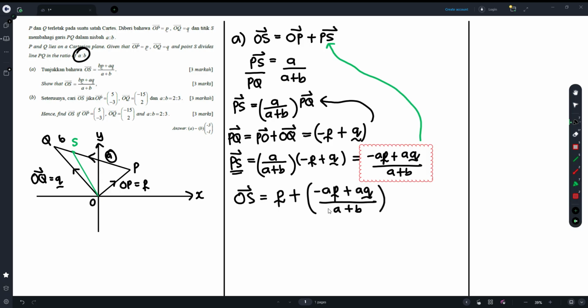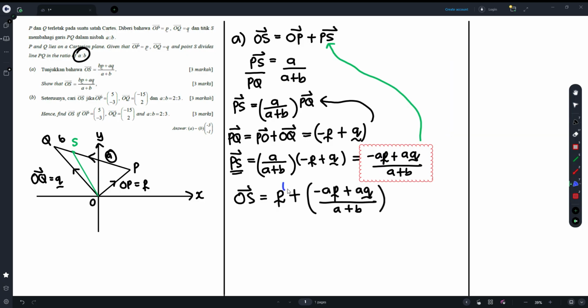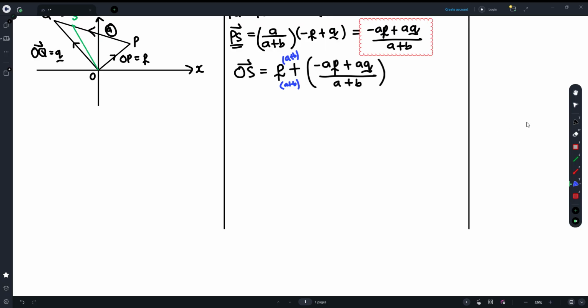As you observe, these are two different terms and we need to make them into a single term. If I want to make a single term, I have no choice. I need to multiply this term with A plus B at the top and A plus B at the bottom to make it a single denominator. So my vector OS is equivalent to vector P in bracket A plus B minus AP plus AQ over A plus B after you made the denominator the same.